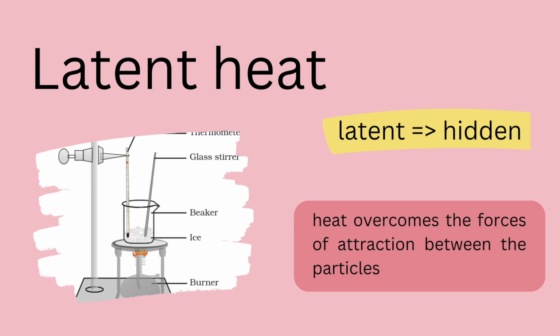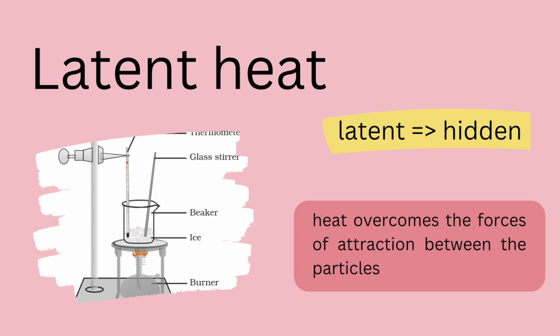Now we introduce a new terminology called latent heat. The actual meaning of latent is hidden. So what is the definition of latent heat? Latent heat is the heat that is used to overcome the force of attraction between the particles.